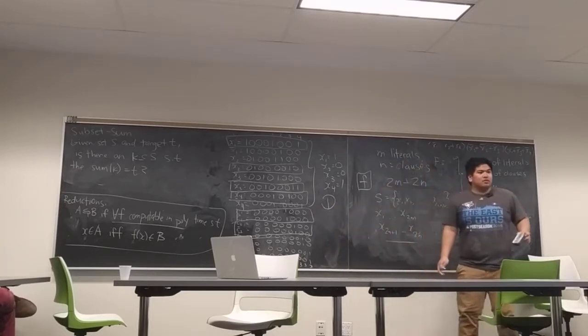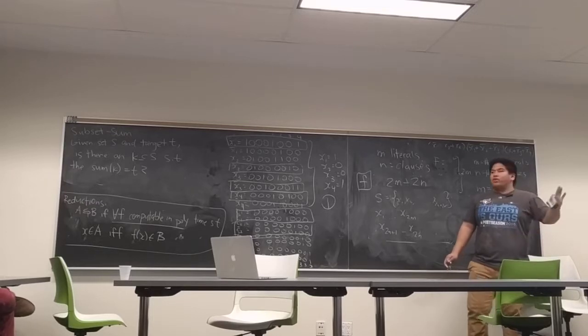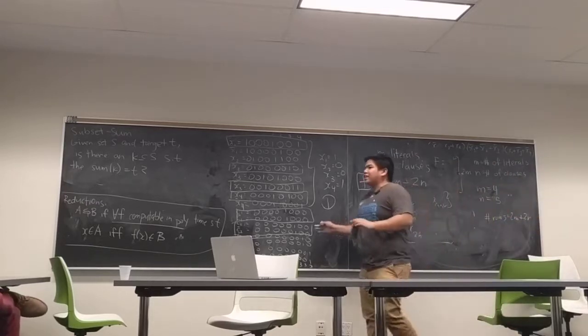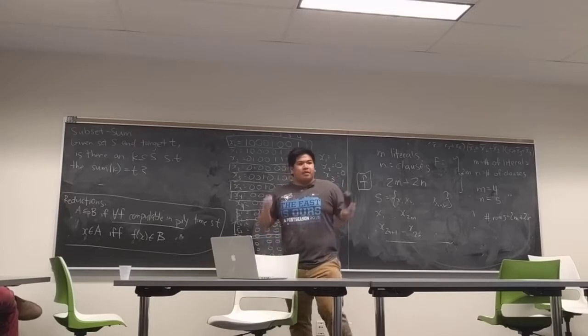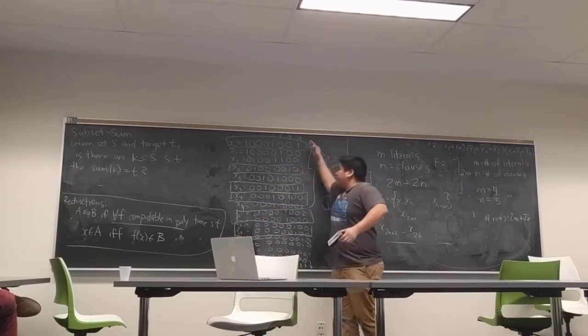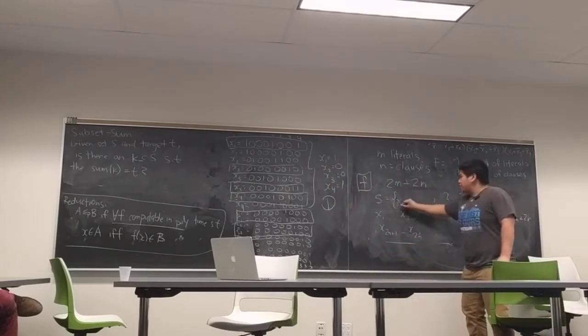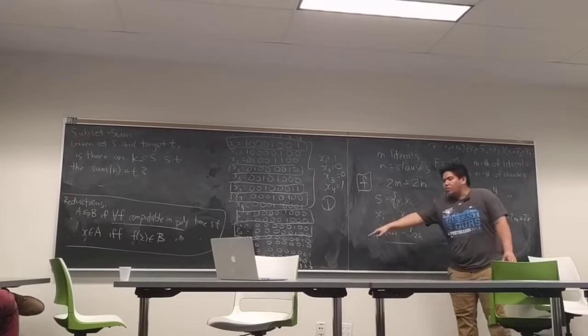Wait, so then to do it the other way around, do we just take those decimal numbers and convert them to binary? No. Our forward implication is that given there's a satisfying assignment, we guarantee that we'll be able to find a subset that adds up to 111,333.